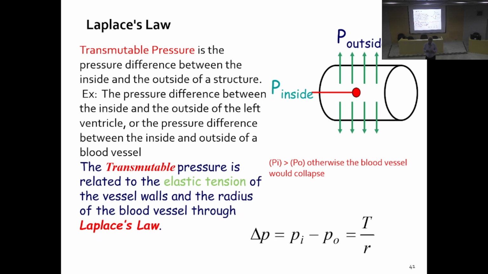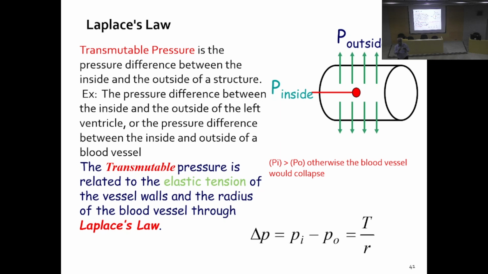Transmural pressure is responsible for our eyes not collapsing, our heart not collapsing, and our arteries not collapsing. It is the difference between the pressure inside the vessel and the pressure outside the vessel. Perfusion pressure is the difference between one position and another position, two different locations.